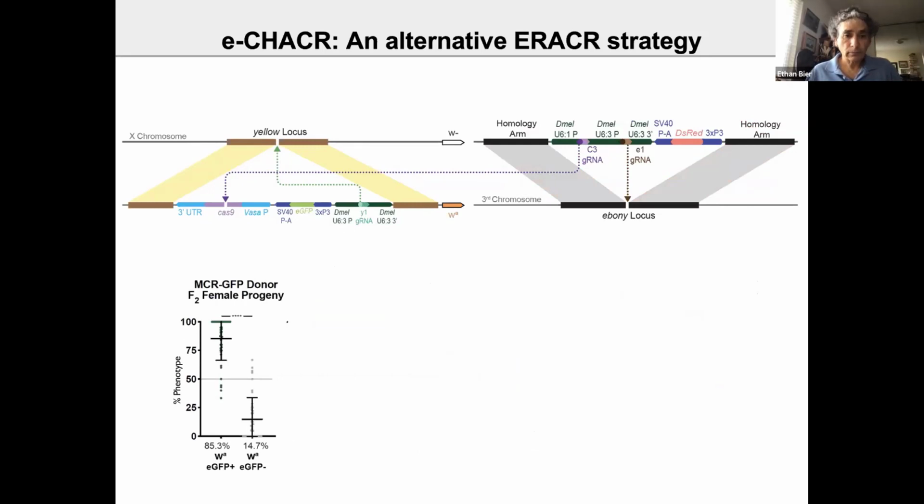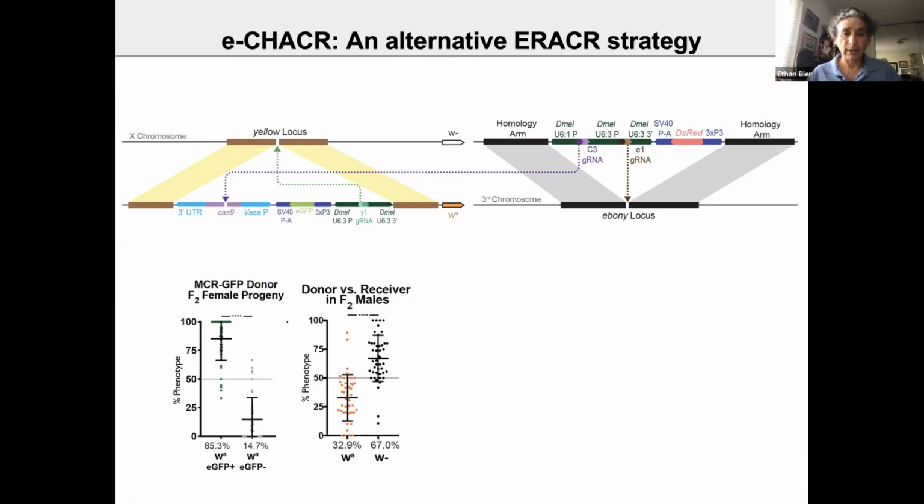Then again, as I mentioned, there's this issue of can they reduce the percentage of these GFP guys, and you get this fairly significant category, 15% that are EGFP minus. And again, you get this bias in the inheritance of the donor versus receiver chromosome.